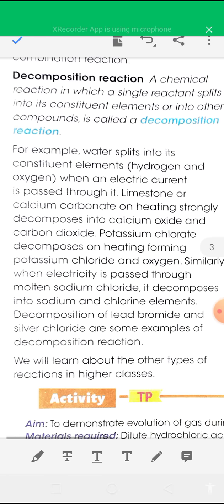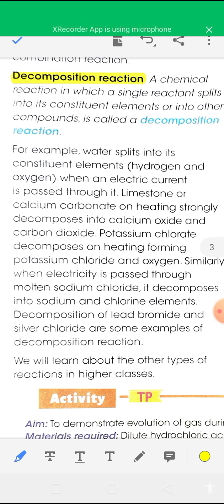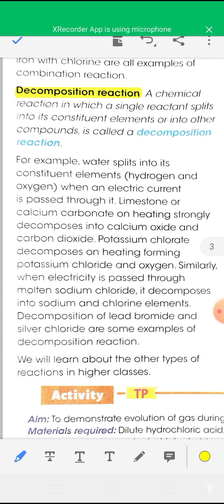The second type of reaction is decomposition reaction, just the opposite of combination reaction. A chemical reaction in which a single reactant splits into its constituent elements or into other compounds is called a decomposition reaction.